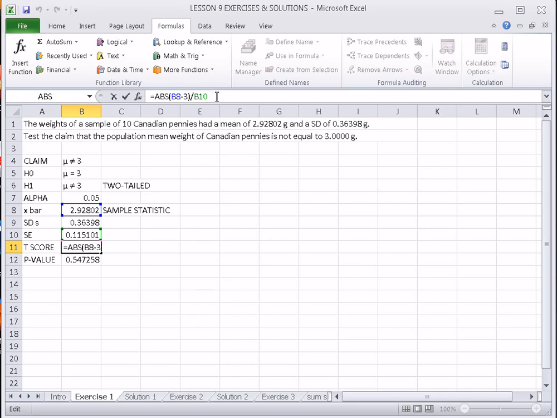That's what the ABS is for, absolute value, to make that difference positive. And then we divide it by the standard error to get the t-score, so that when we found our p-value, or the probability defined by the tails, we used our t-score and the degrees of freedom to get a p-value of 0.54.